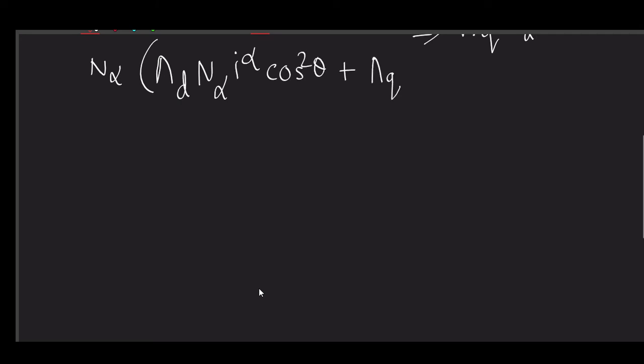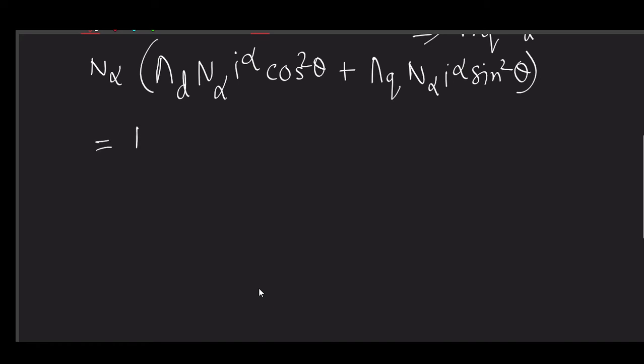So the flux linkage of that alpha phase winding, we can write as lambda d n alpha I alpha cos square theta plus lambda q n alpha I alpha sine square theta.